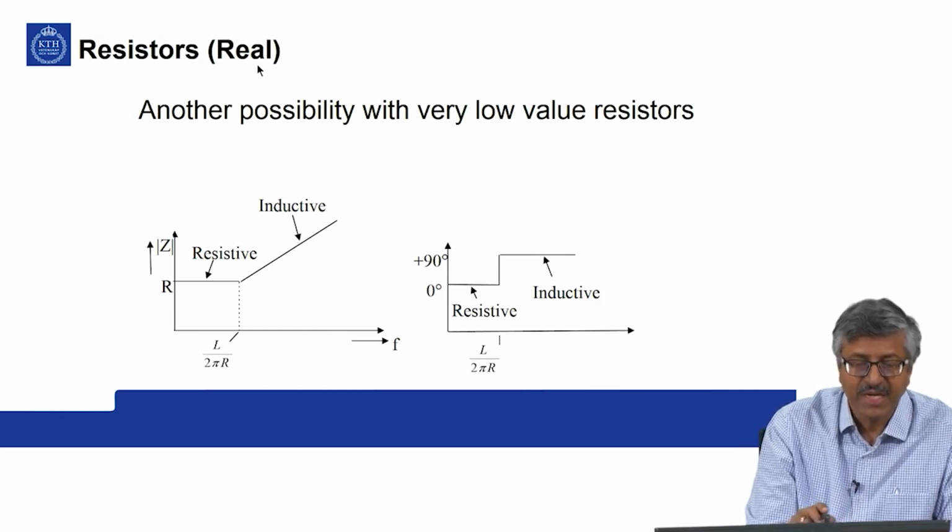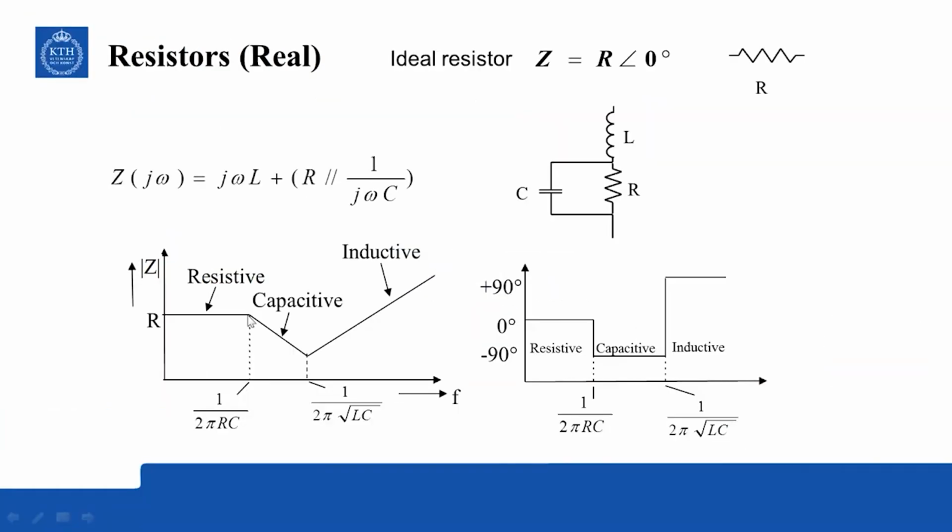That possibility comes when the inductive impedance first becomes equal to R, and the capacitive impedance, that is the parallel branch, is still very large. So this is negligible, and you have only L and R in the circuit.